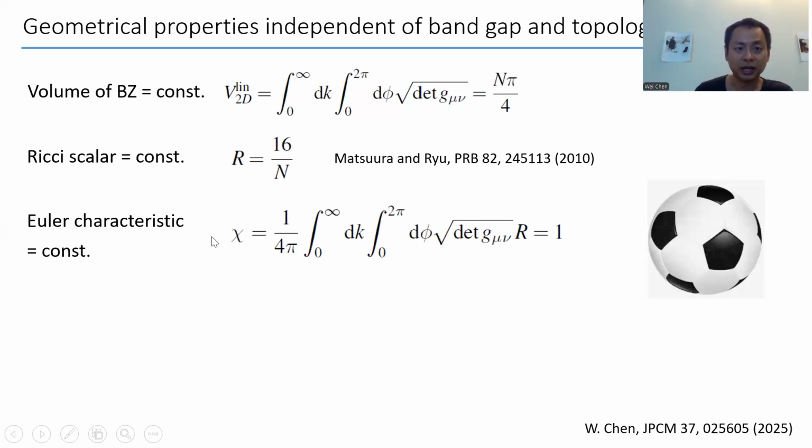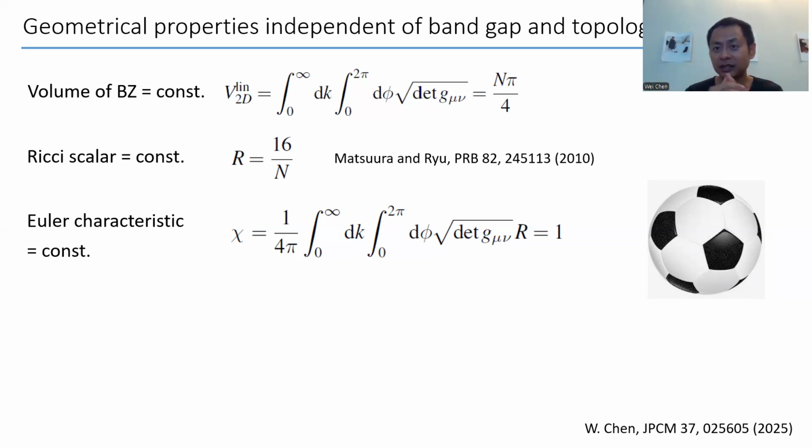And in addition, the Euler characteristic. The Euler characteristic in 2D is defined as the integration of the volume form times the Ricci scalar. Since they are all constant, you can see that they multiply together to give you one. And you know the Euler characteristic, according to the Gauss-Bonnet theorem, is essentially 1 minus the number of handles, or 1 minus the number of holes that a 2D object contains.